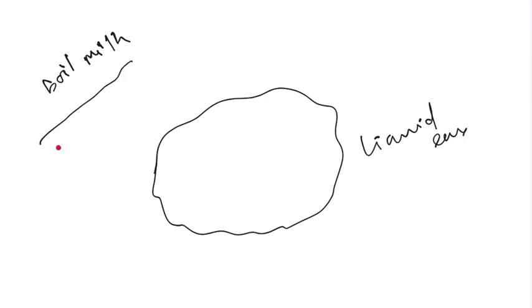Thank you. So at that time, the liquid earth was there, and it was being solidified slowly. It is like when you boil milk and a malai layer forms over the milk.